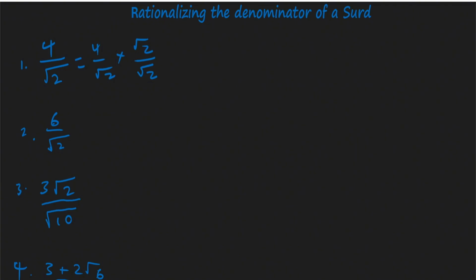Why are we doing this? We do know that anytime we divide a number by itself, we get 1. So if we divide 2 by itself, we're going to get 1.